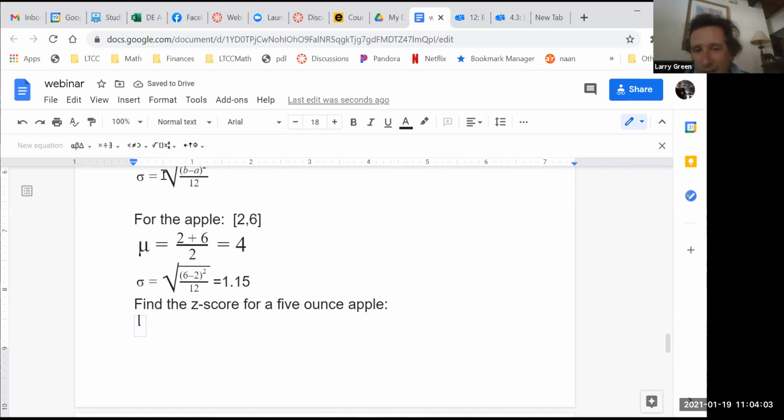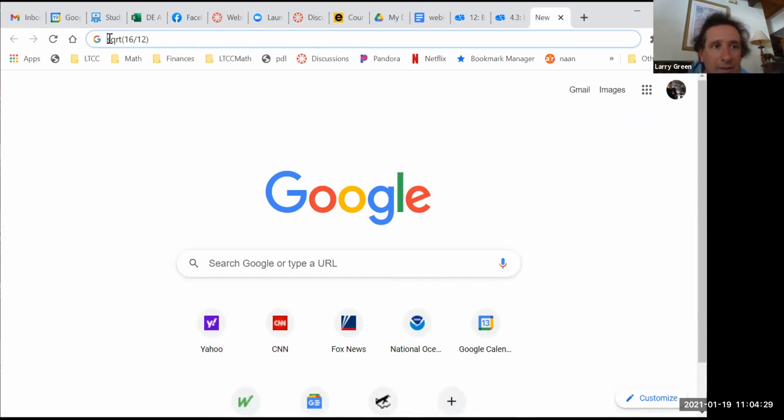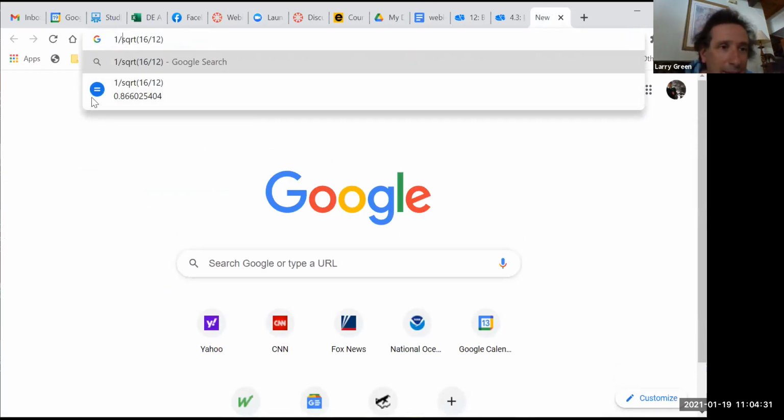Remember, the formula for z-score was x minus mu over sigma. X is 5, minus mu, which was 4, over sigma, which is 1.15. I could do 5 minus 4 in my head. Hopefully you can too. So it's 1 over 1.15, and you get 0.866.